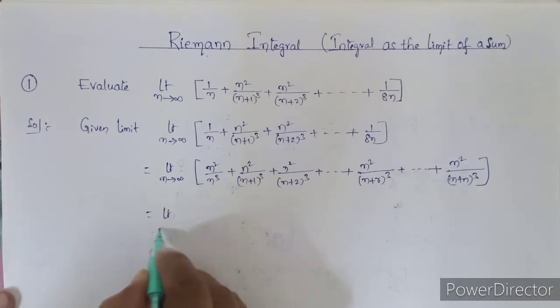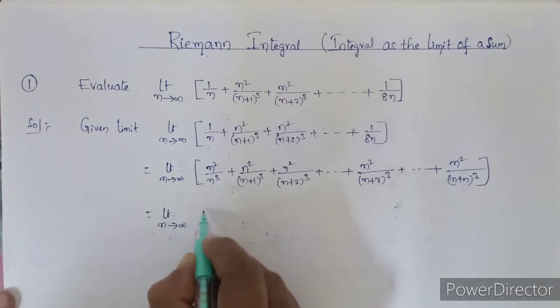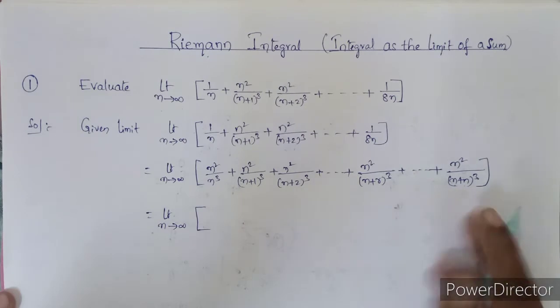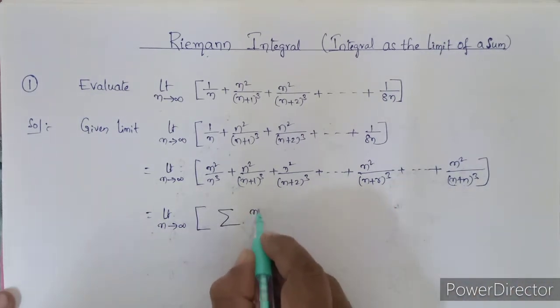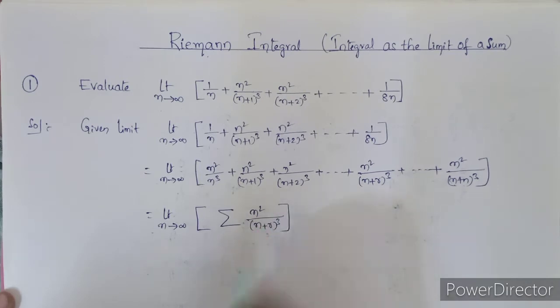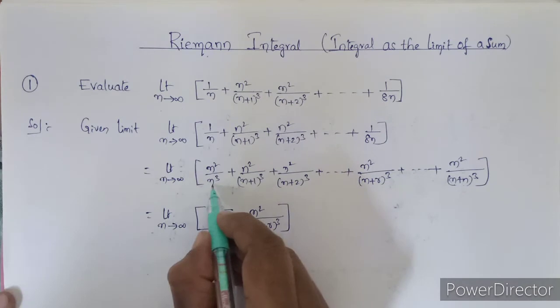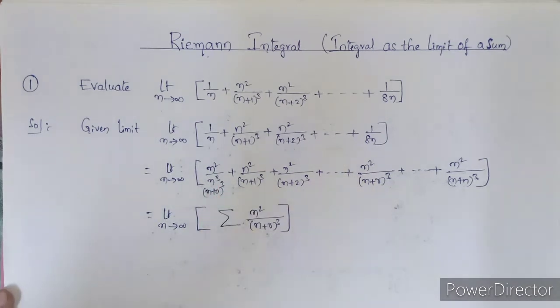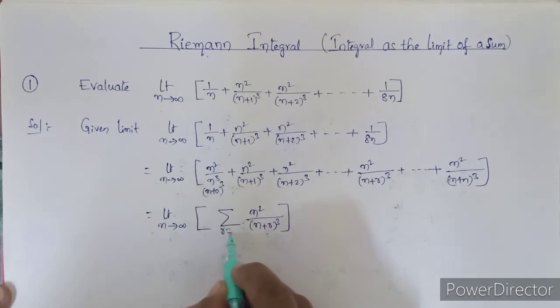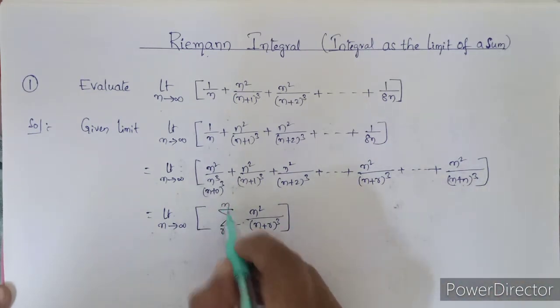Now limit n tends to infinity. This sum of the terms we write as summation sigma n square by (n plus r) whole cube. Here r is varying from 0, we write this n as n plus 0 cube, so r is varying from 0 to n.